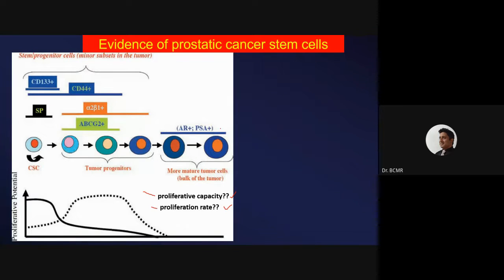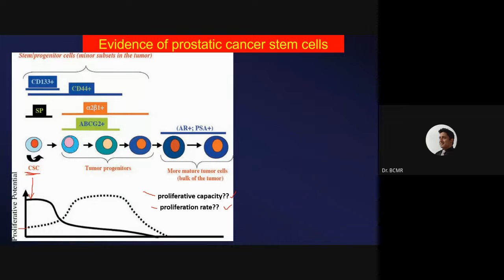So in tumors, if you're considering a cancer stem cell, you can see that the cancer stem cell falls in this line, which has high proliferative capacity. That means they can divide continuously, theoretically an innumerable number of times.